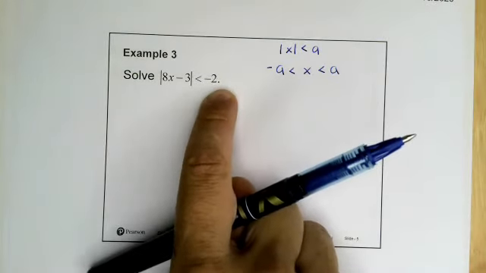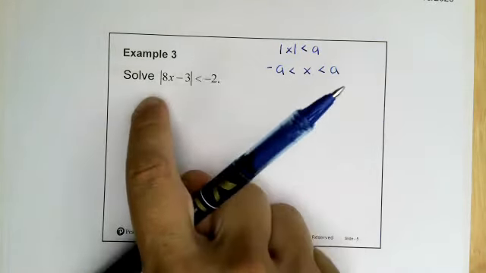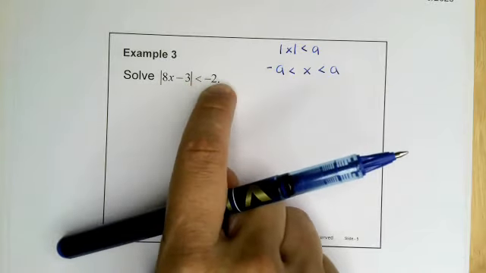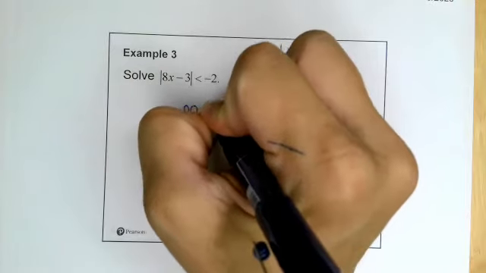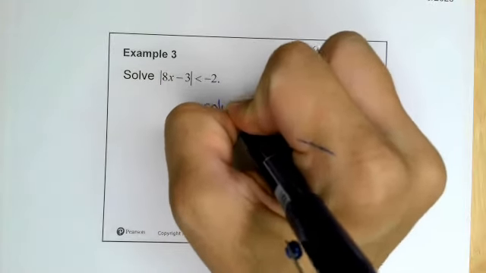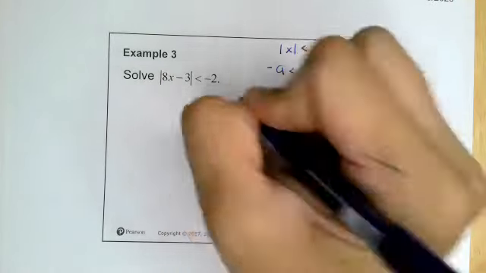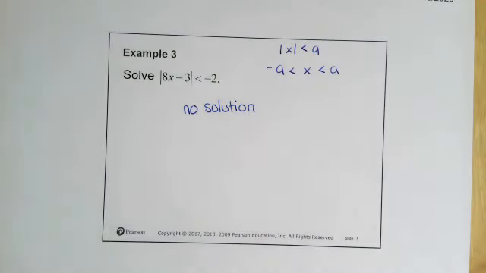If you have a negative A, the absolute value is less than -2. That is not possible, right? A distance cannot be smaller than -2, right?